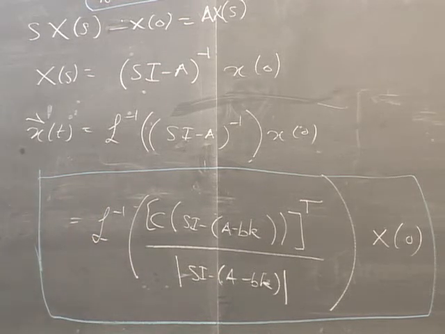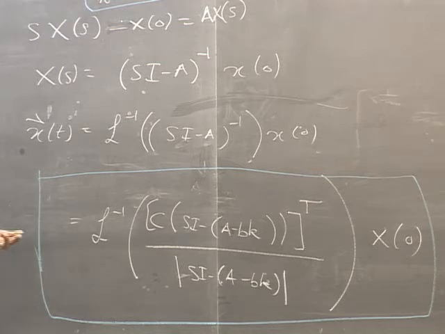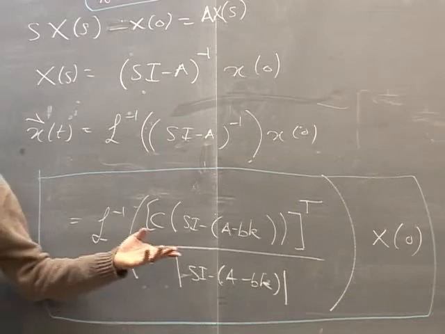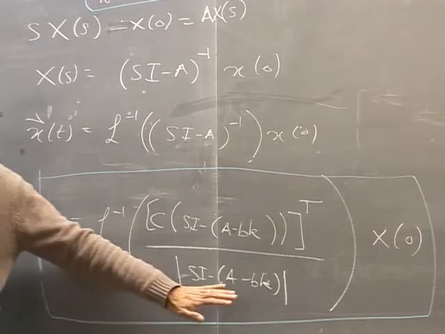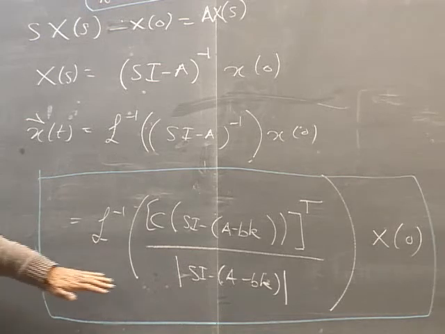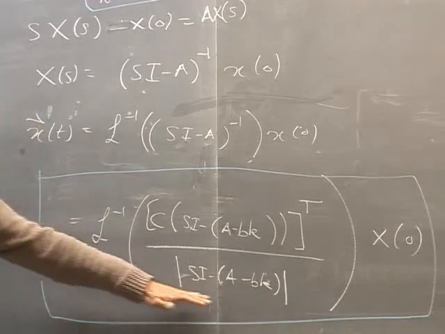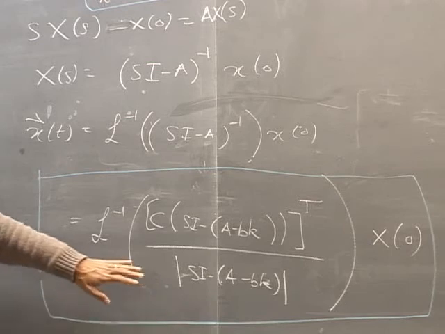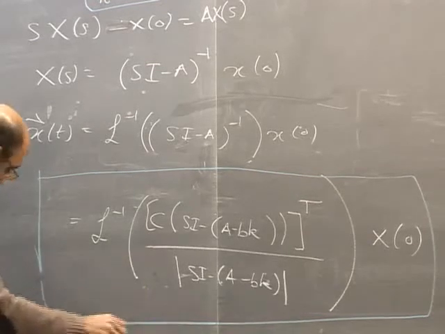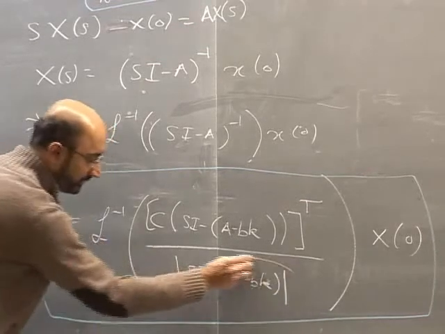Going back to the previous case of classical control, the system was stable when the roots of the denominator polynomial, which became the poles of the system, were in the left half of the complex plane. In the same exact way, the roots of this determinant, which becomes a characteristic polynomial right here, matter.